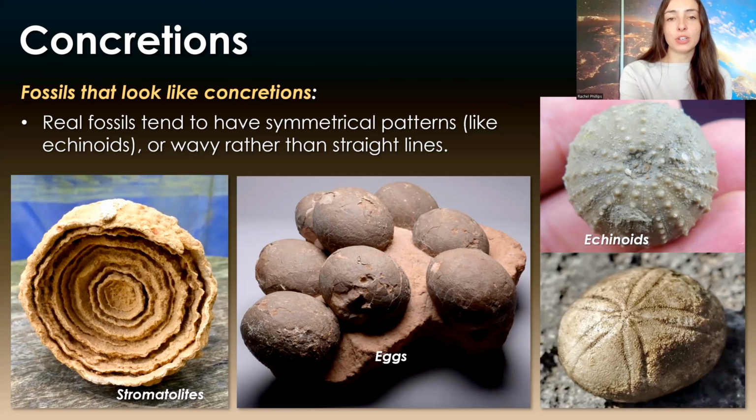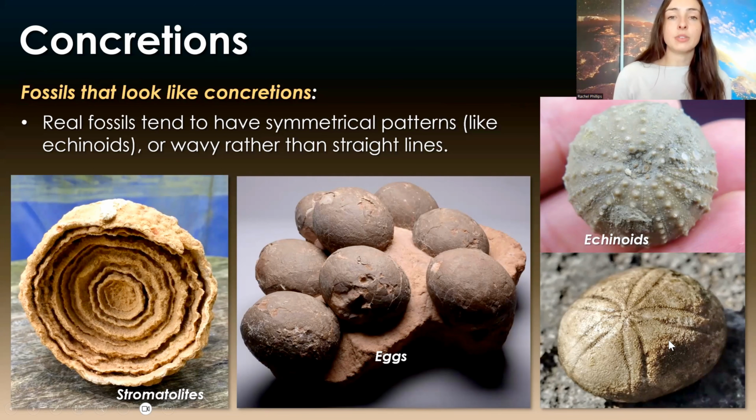Echinoids are another one over here to the right. They're often radial, because echinoderms all have either five-sided or radial symmetry. Because of that, they can be round, and that can make them seem like concretions. However, they often have intricate structures like the bumps on this echinoid or the details on this sand dollar here.